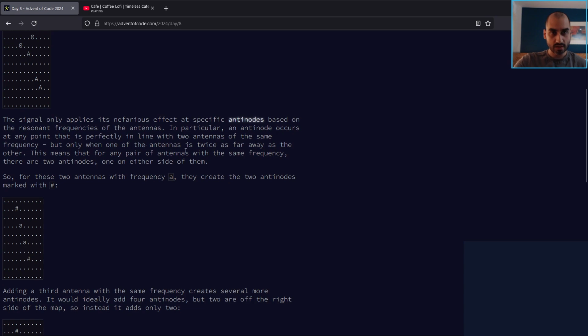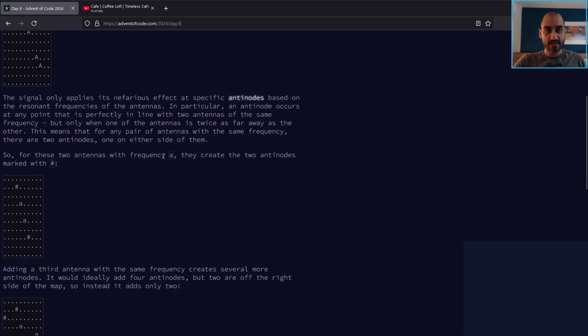But only when one of the antennas is twice as far away as the other. So they could be on the same side, or it could be sandwiched between them, I guess. This means that for any pair of antennas with the same frequency, there are two antinodes, one on either side of them.